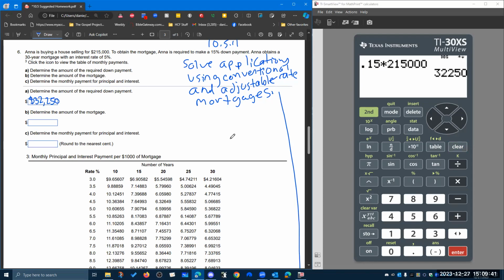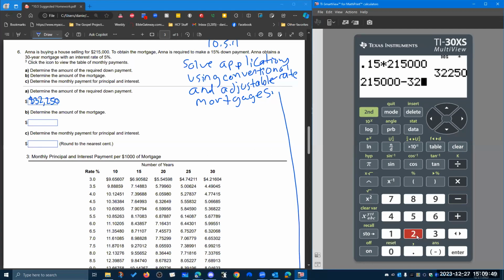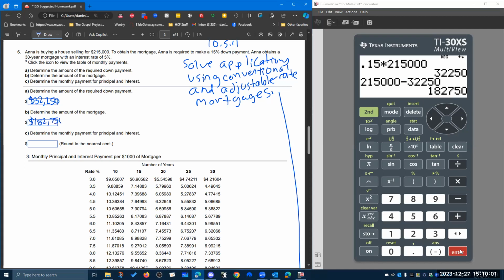The amount of the mortgage is going to be the difference between that $215,000 and the $32,250 that we just found. So that's going to be $182,750.